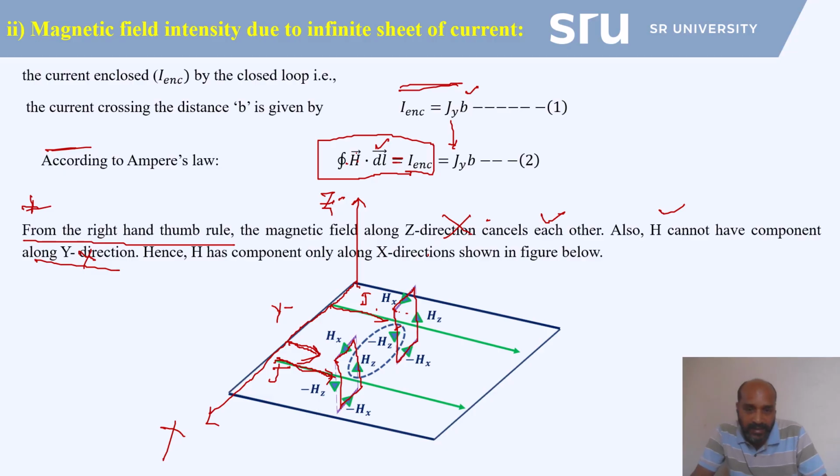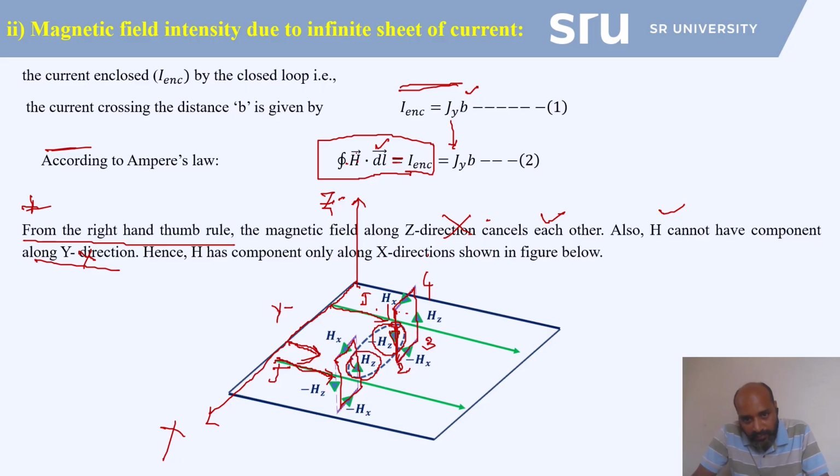Now just see the z component of that magnetic field. Here it is downwards, hz, because here we shared this particular path 1 2 3 4 1. Similarly 1 2 3 4 1. So for this particular closed path, hz is in downward direction. Adjacent to that, hz is in upward direction.